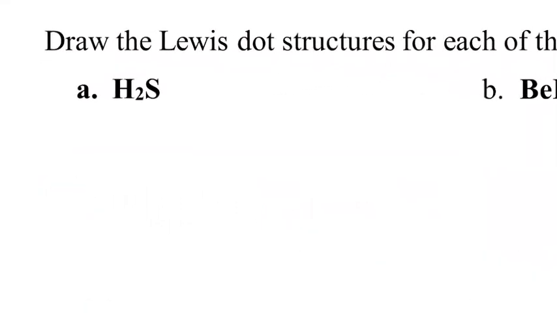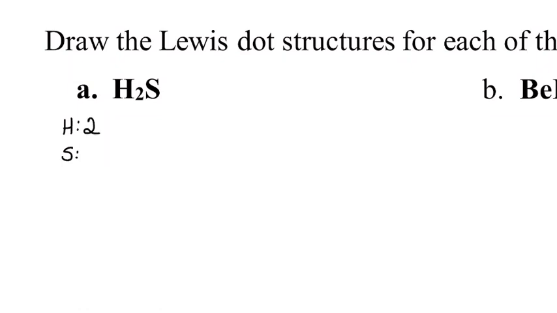So I'm going to do the first example with you guys, H2S. When I look at this chemical formula, I have 2 atoms, hydrogen and sulfur. Now that I have hydrogen and sulfur, I'm going to put what the subscripts are for them.